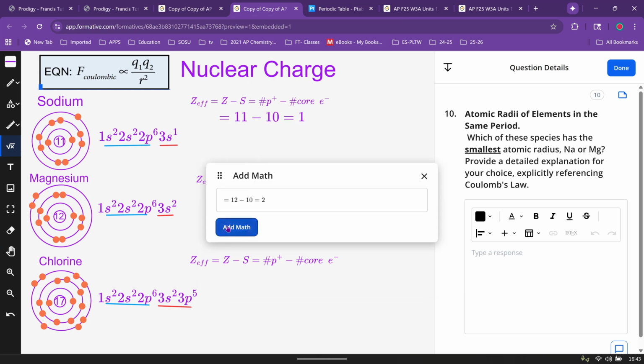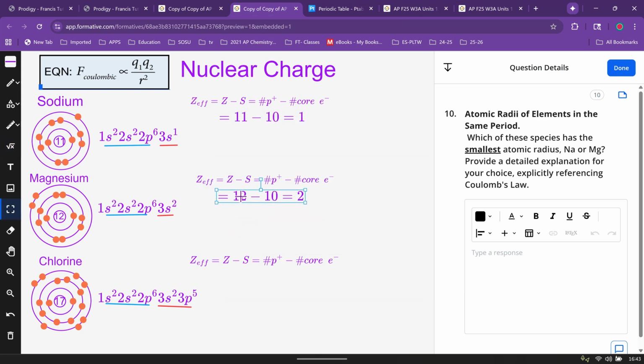So the effective nuclear charge of magnesium is higher than the effective nuclear charge of sodium. And what we're saying in Coulomb's law is that the force of attraction between the valence electrons and the nucleus is directly proportional to the effective nuclear charge.